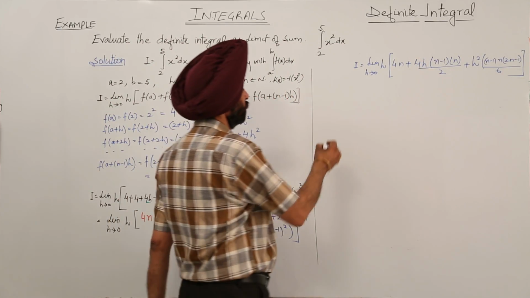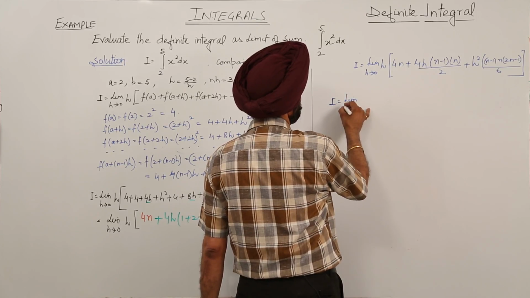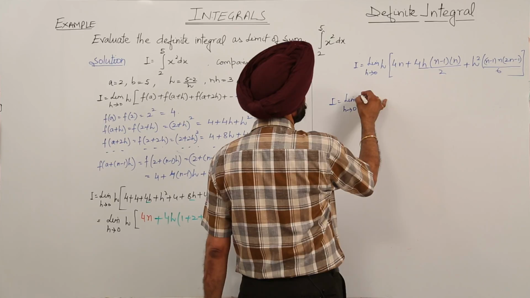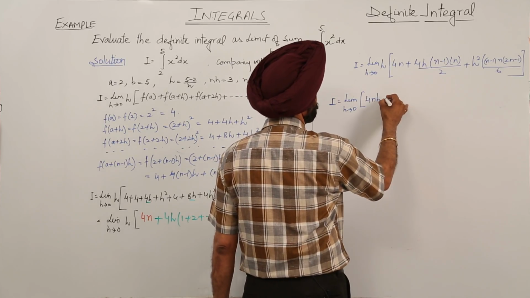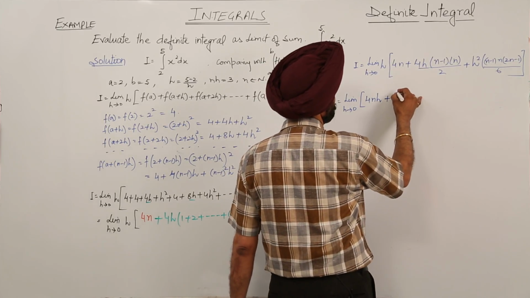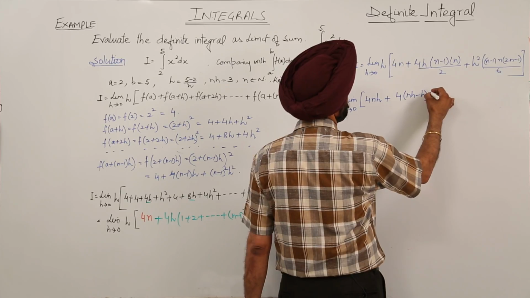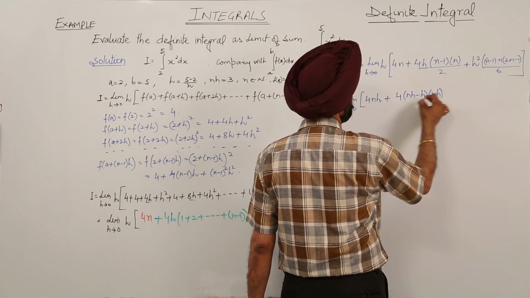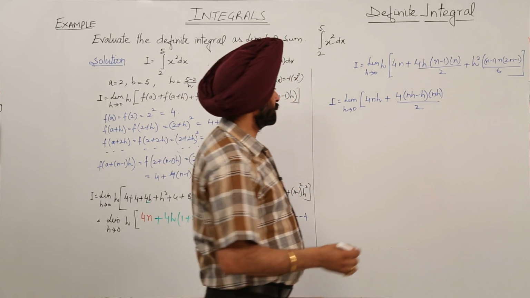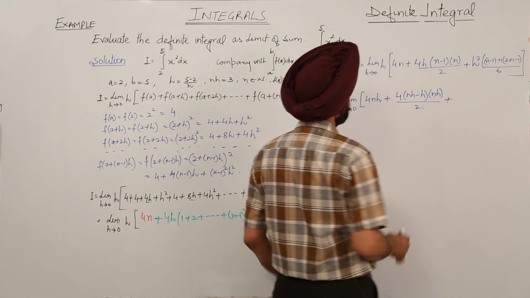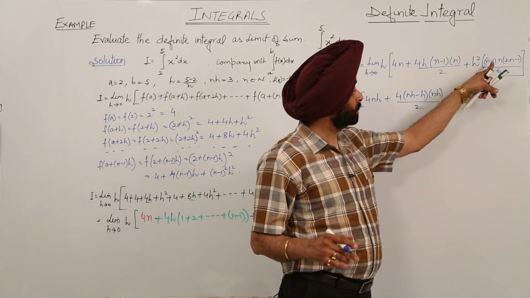Now limit h approaches 0, 4nh plus 4nh minus h with nh upon 2, plus, now look here, it becomes h and h square becomes h cube, and we are having 3 terms there.